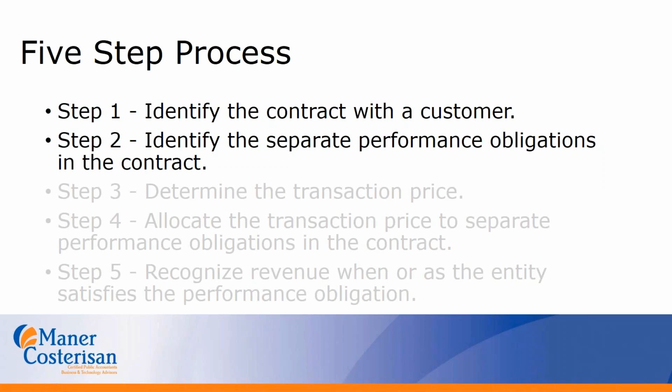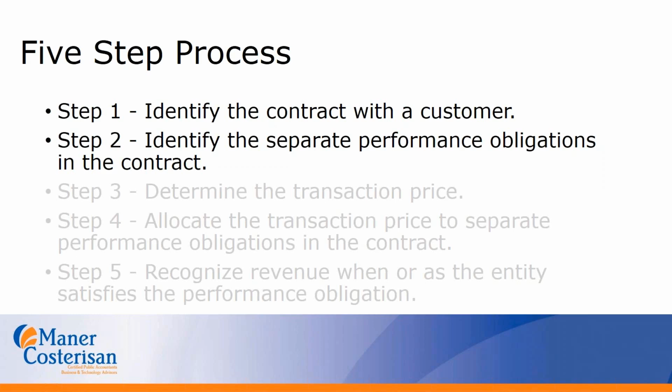Step number 2 that Zach discussed is to identify the performance obligation. Performance obligation is a commitment to transfer a good or a service to a customer. In other words, we need to break down what we're doing for our customers, what it is we're selling or providing. What we might think of as one event or transaction will often have multiple obligations.